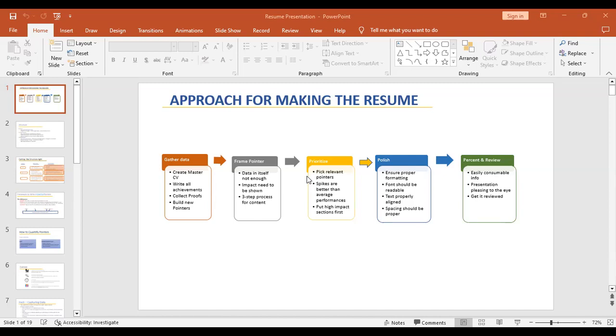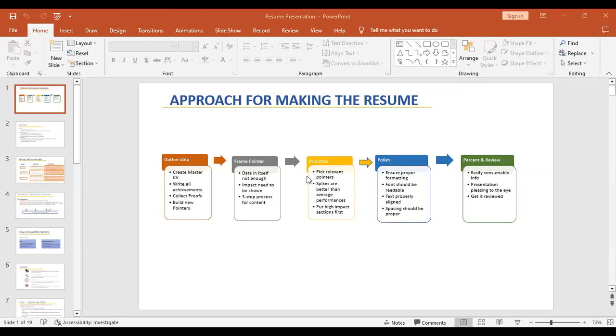And hence the first 1/3 of your resume is very, very important. Now, when we are talking about prioritization, what is the formula for that? The formula is that it should be relevant and it should be impactful. जैसा कि मैंने आपको बोला, if the company is talking about SQL, you cannot put that project at the last. बहुत common sense है, right?